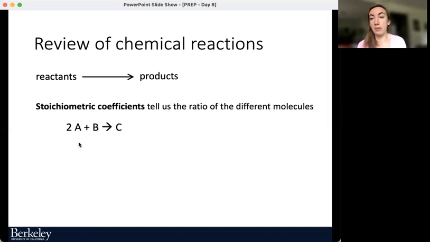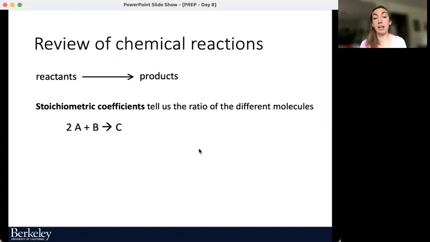A is just something, B is something else, and C is something else. So instead of writing C12H17O4 forever, it lets us simplify it. So you'll probably see that a lot, especially in your engineering classes. So I just want to get you used to that.